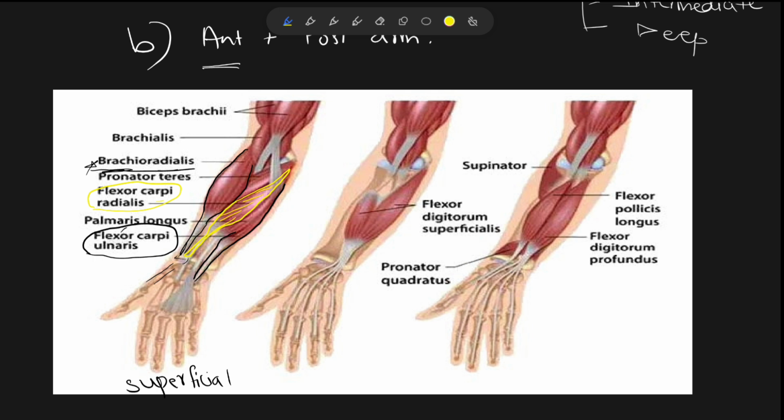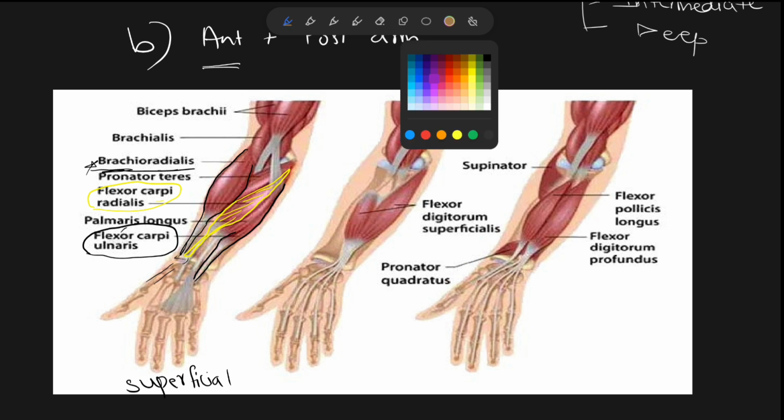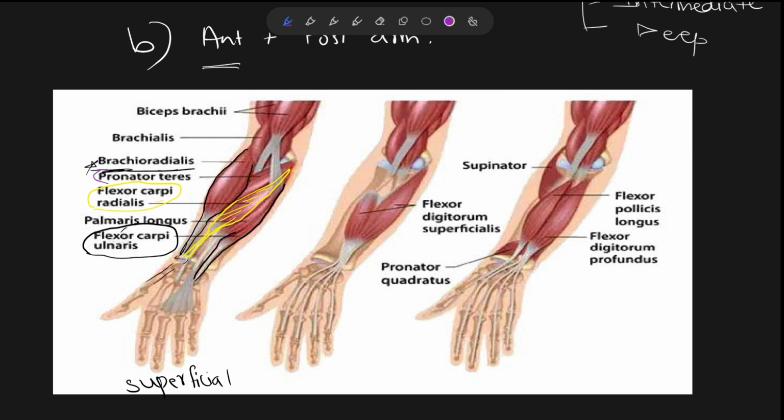And the third muscle we have in the anterior compartment is, let's do it in purple, pronator teres. It is a little bit transverse muscle in our forearm. Okay, so these are the muscles of the superficial layer.